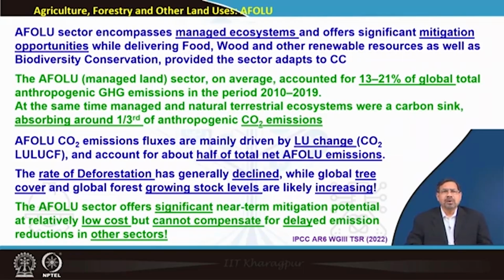AFOLU carbon dioxide emission fluxes are mainly driven by land use change and account for half of total net AFOLU emissions. It has generally been seen that the rate of deforestation is declining, while the global tree cover, which we also measure with respect to the growing stock, is increasing.